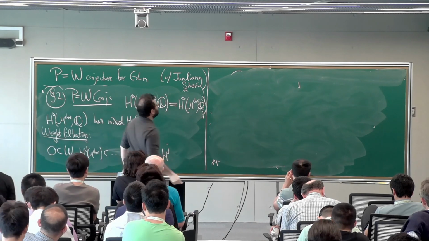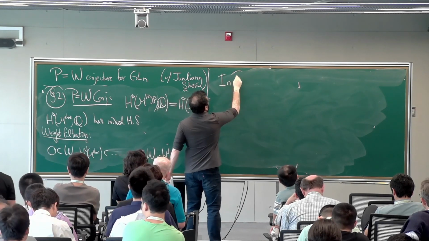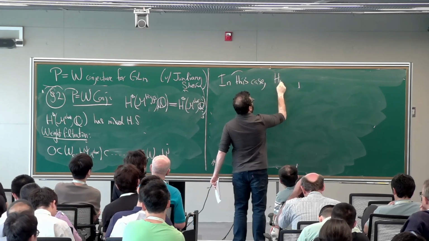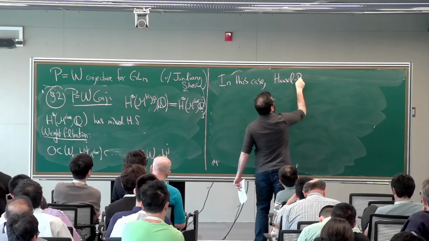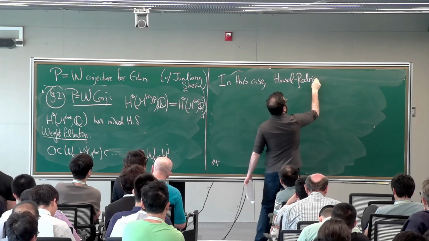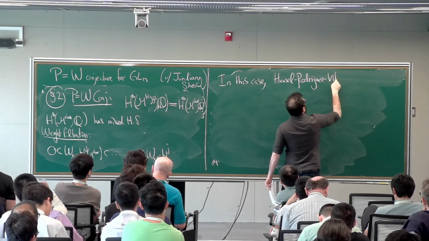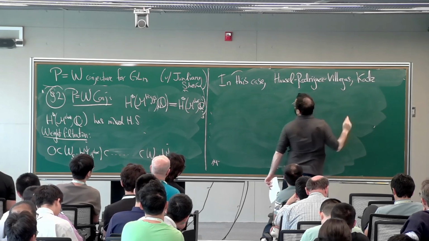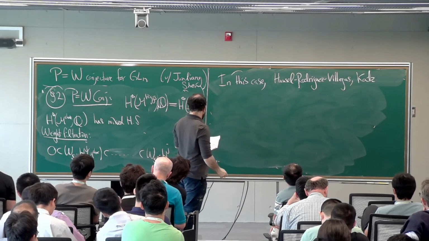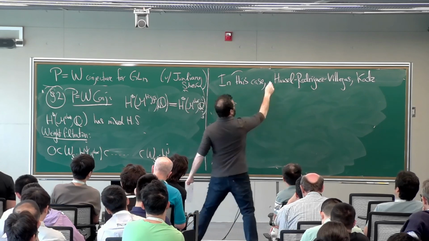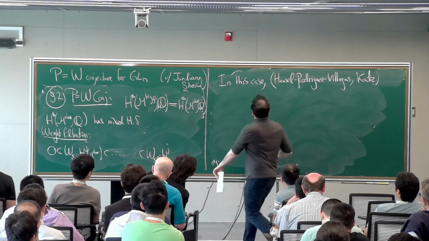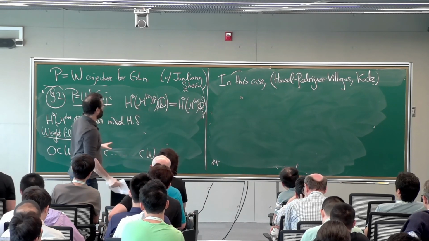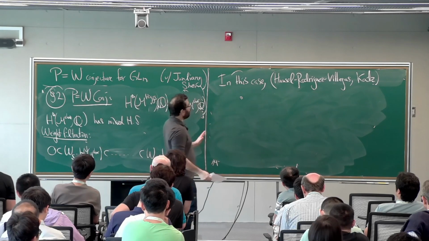In this case, a result of Hausel, Rodriguez-Villegas, and Nick Katz shows the following: they relate this weight filtration to counting points on the character variety.